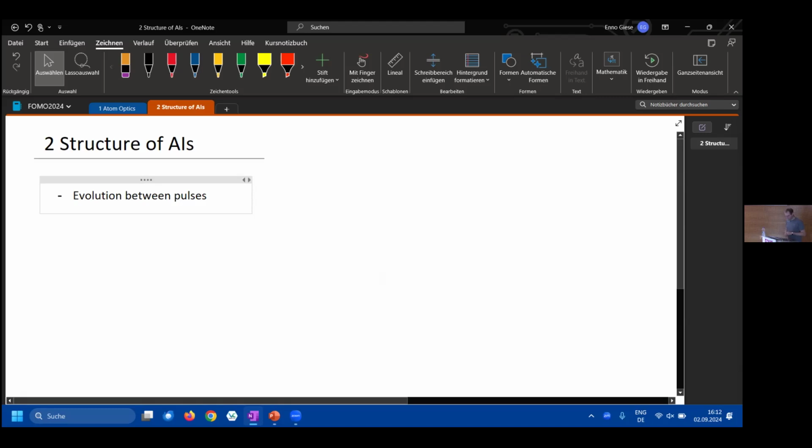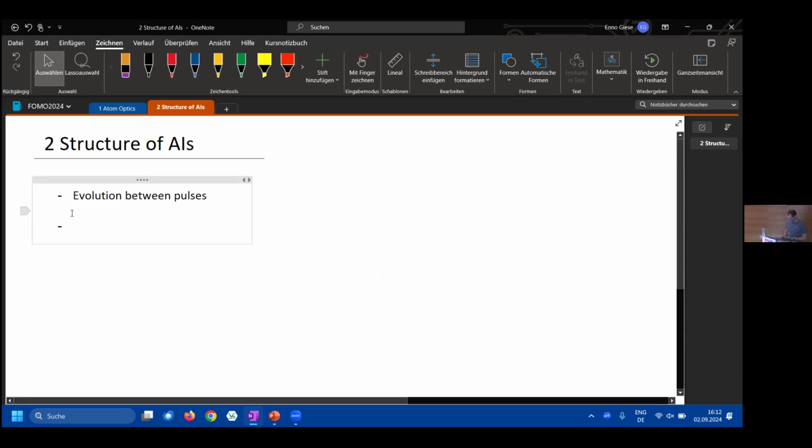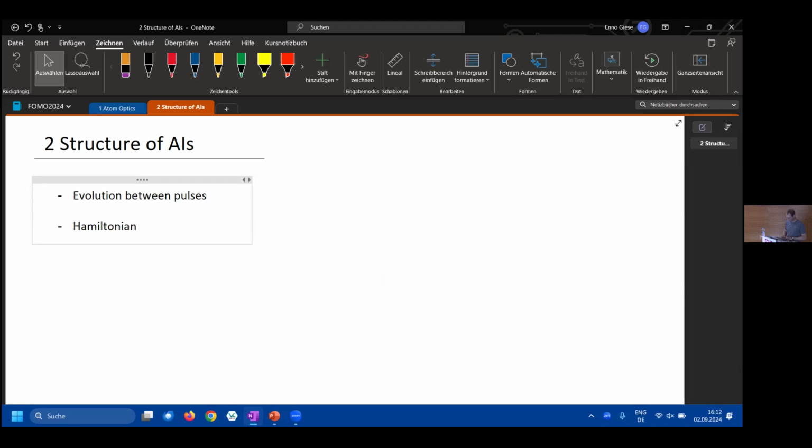Okay, so the Hamiltonian is now, because we have no interaction, actually, we can treat the internal and the external degrees of freedom separately.